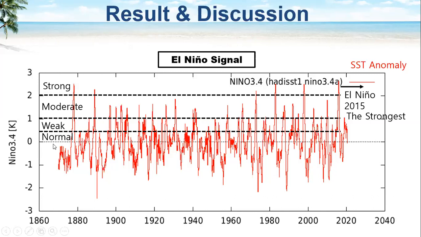So we do not find El Nino, we do not find La Nina, but if the anomaly of sea surface temperature ranges between 0.5 and 1 degree Celsius, it means we might suffer from weak El Nino. But if the anomaly is above 1 degree, even above 2 degrees centigrade, it means a moderate and even stronger El Nino is about to come.